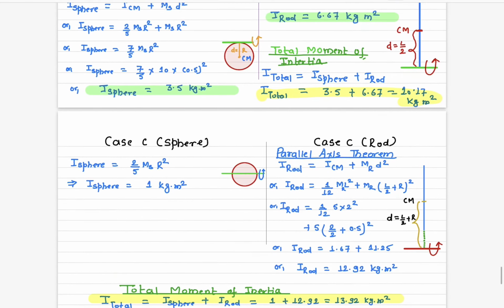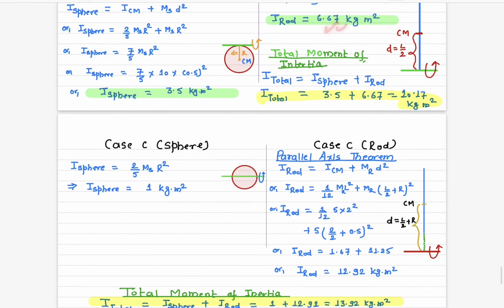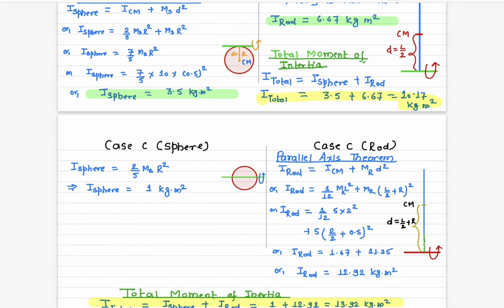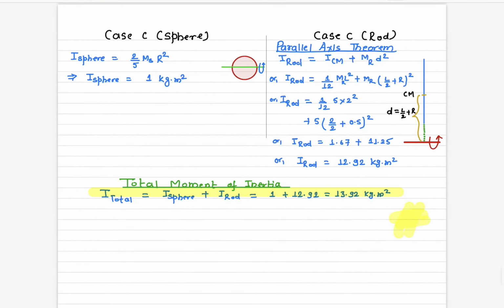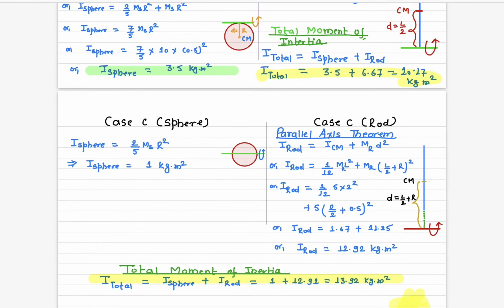And this is greater than this number, which makes sense because in this case, the axis of rotation was at one end, but now in this case, the axis of rotation is further. So the moment of inertia has increased. The total moment of inertia in this case would be this number plus this number, and together this is 13.92.